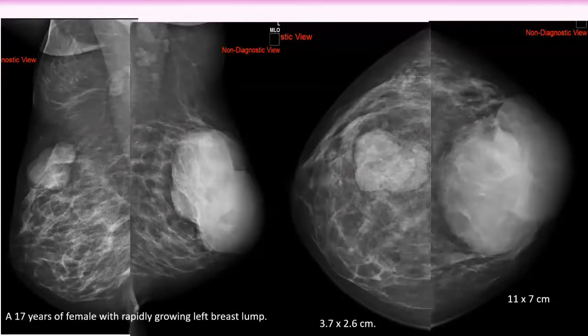Anyone, any volunteer would like to comment on this case?